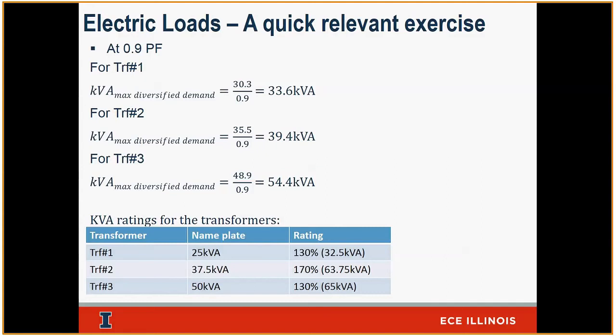Why do they not put it at 130% already, right? Why isn't that the threshold? Why isn't 32.5 kVA the threshold? That's just an industry mindset or mentality. I really don't know how to answer that. That's what GE provides to us. That's what ABB provides to us. They give us a nameplate rating, and then they give us a max threshold on it.